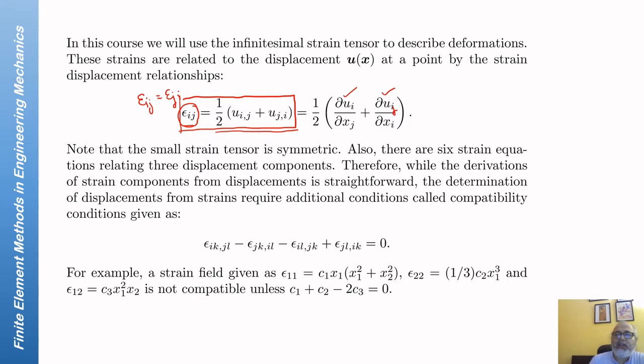Now, when you have the displacement components and you determine the strain components, it is straightforward. You just take these derivatives and add them together, divide by 2, and you get the strain. However, when you have strain components and want to integrate them to get the displacement, you cannot do it in a straightforward manner.